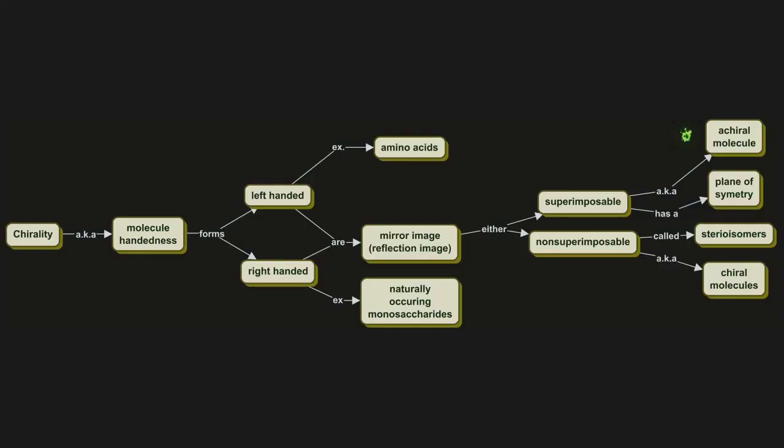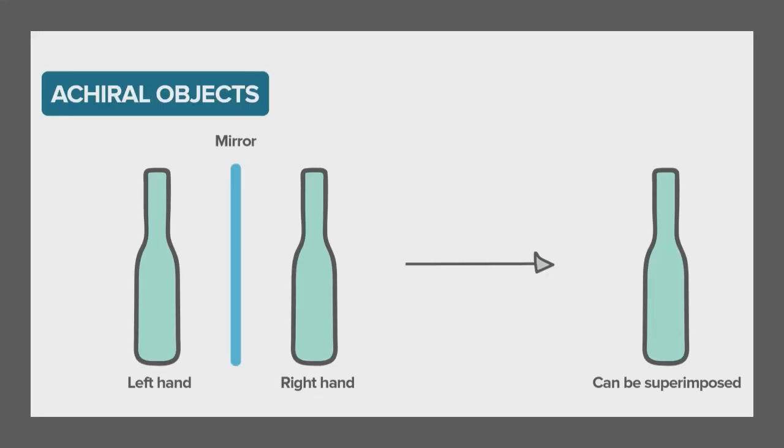These superimposable molecules are known as achiral molecules. So again, this is an example of an achiral object, which has the same figure when superimposed. The same with this molecule, it can be called an achiral carbon because it can be superimposed.